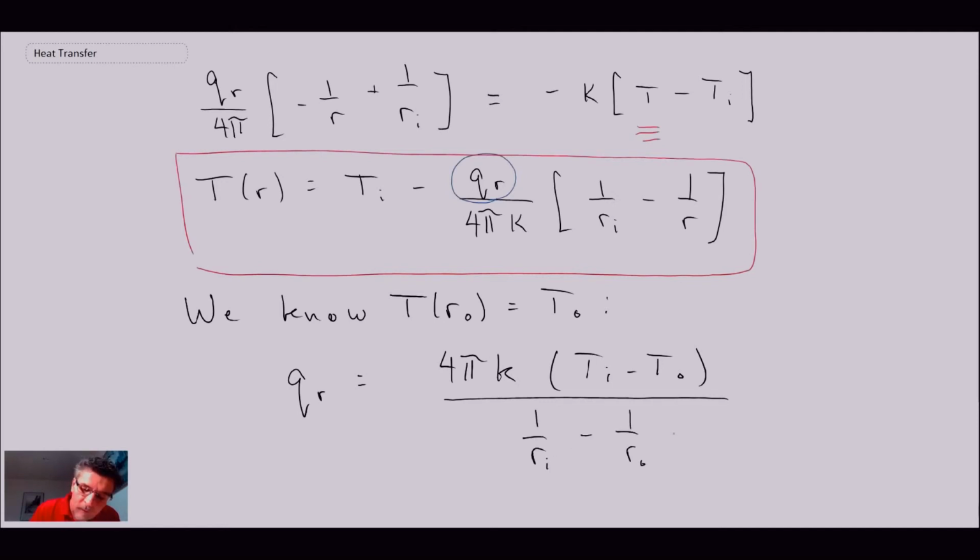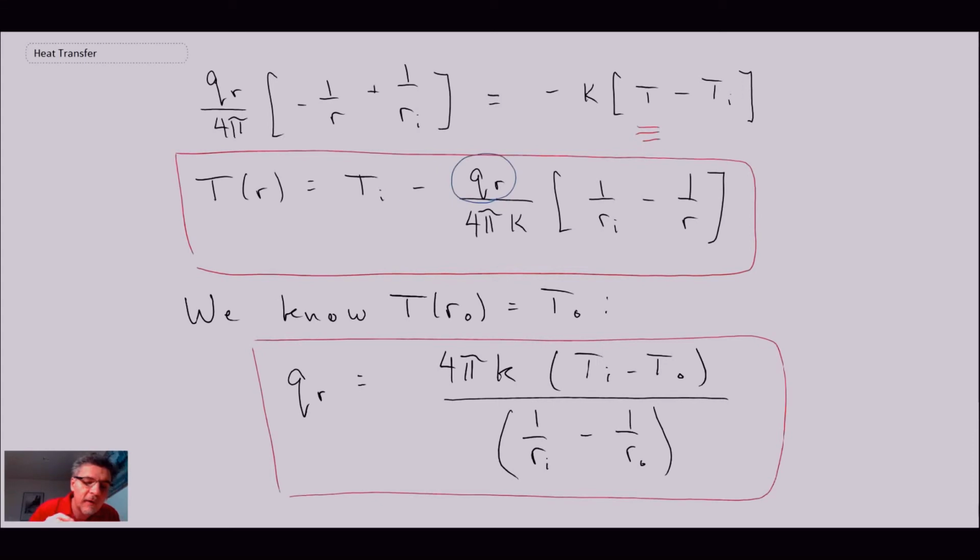Okay, there we go. So that gives us the heat loss for this spherical object, where we know the inner and outer temperature as well. It gives us the temperature distribution. So those are three different things that we can do.